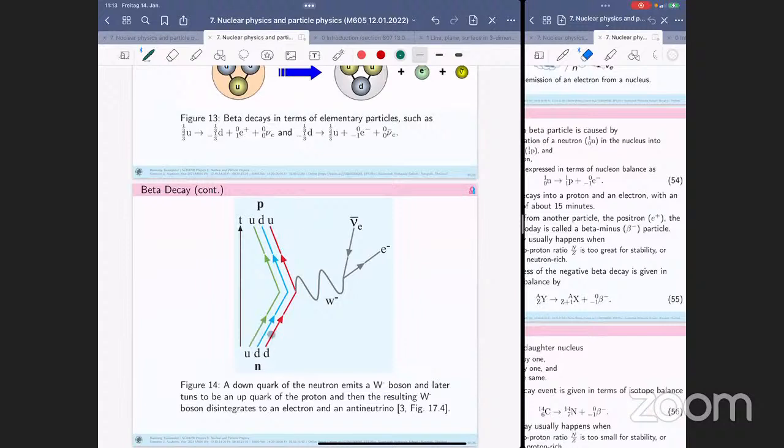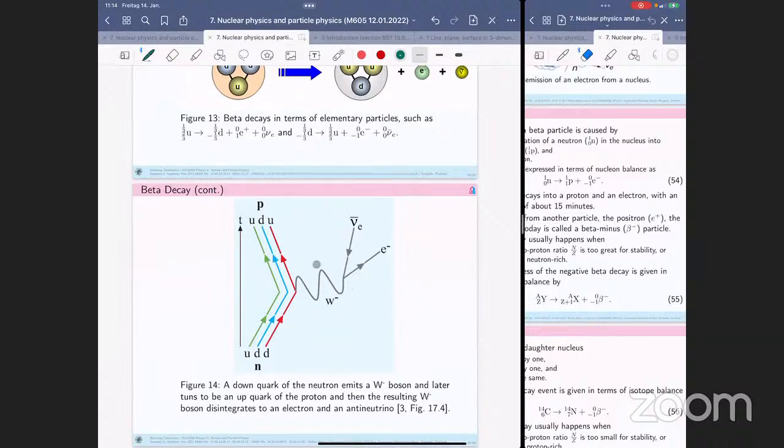And one of the down quarks, which is the red one here, is flowing. It's trying to transform itself, and it releases the W minus boson. The W minus boson will get out, and after that the electron anti-neutrino emerges, and we also get an electron from this.